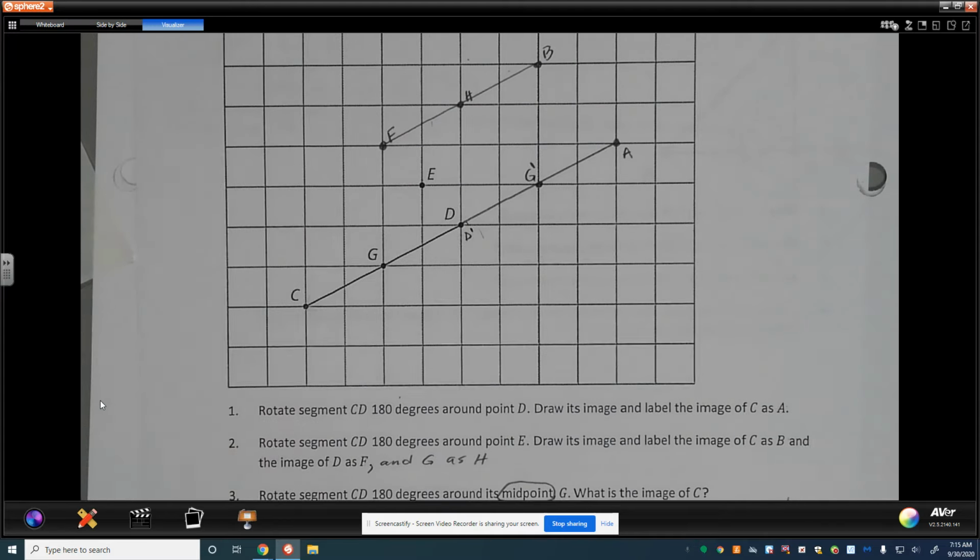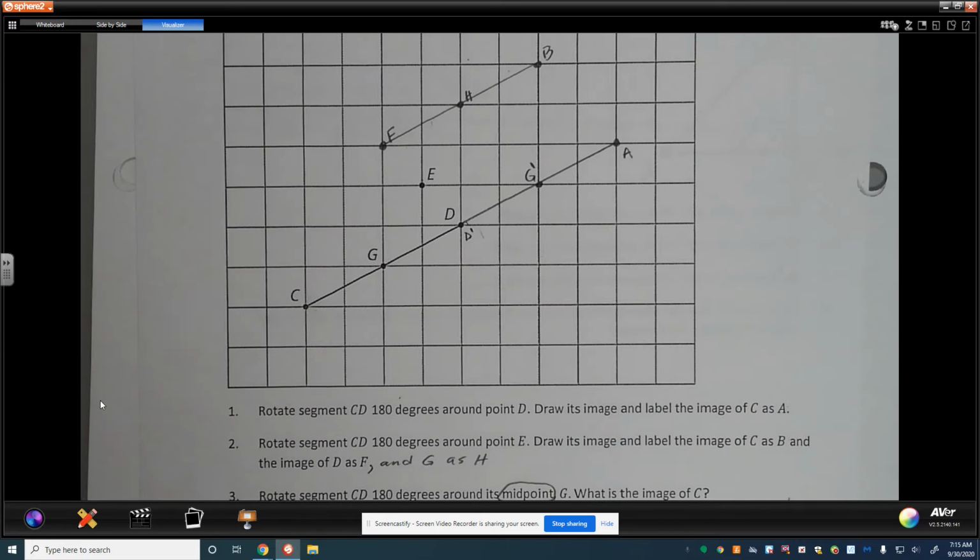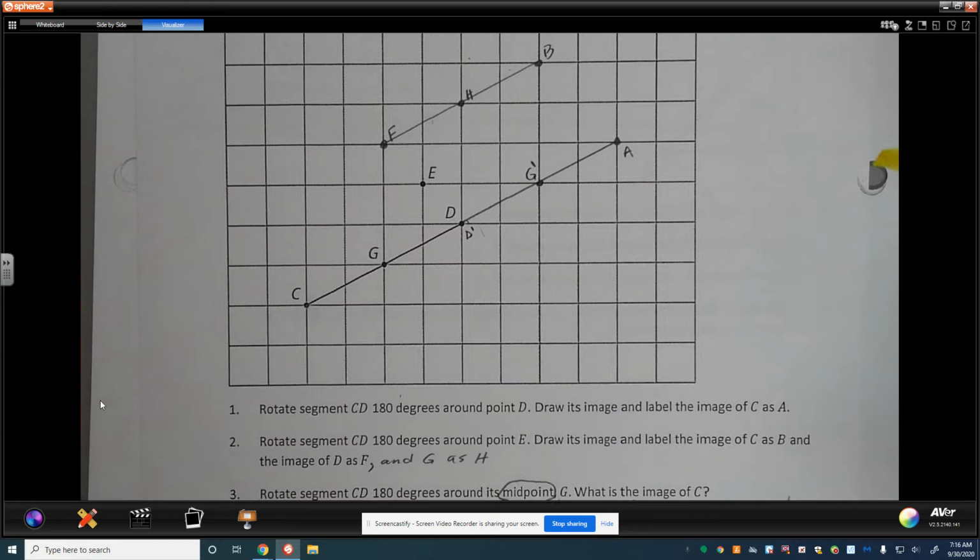Now, one more thing to help us out. This wasn't really a part of the lesson, but it's something that I've enjoyed learning as I've gotten into higher levels of geometry, and something that I think will help us along the way. All 180-degree rotations have one common thing with their center rotation.